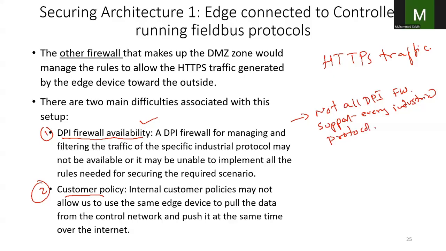Even if one is available, it might lack the ability to implement all the required filtering rules to secure the traffic effectively. So proper selection of the DPI firewall is a critical step.